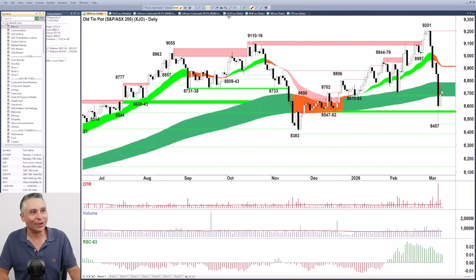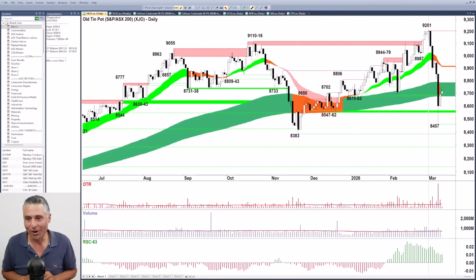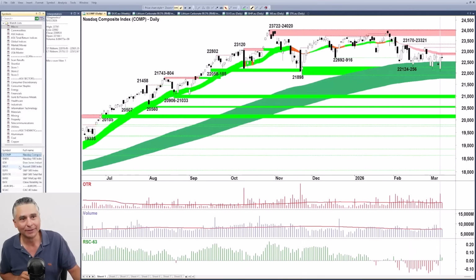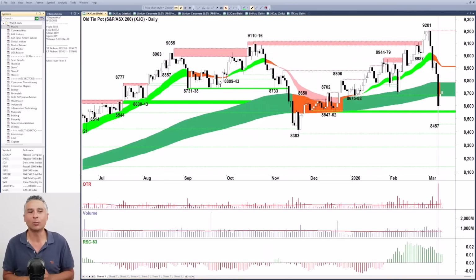And here we were, not much more than a week ago, making a new high. Would any of you have predicted that the old tin pot would have closed beneath its long-term uptrend ribbon before the Nasdaq? The Nasdaq has been a whisker away from doing it for about 3 weeks. And we go and make a new high, and yet we break beneath it first.